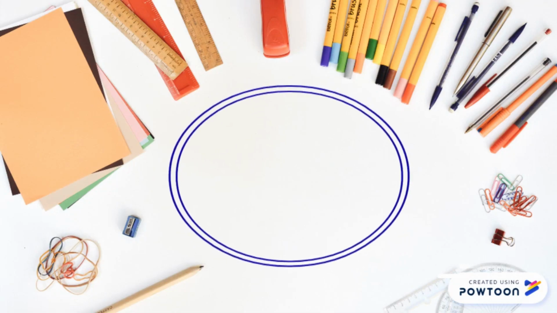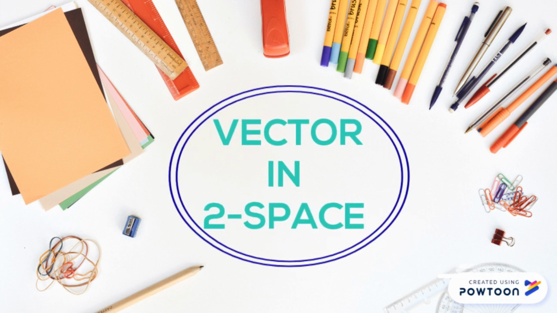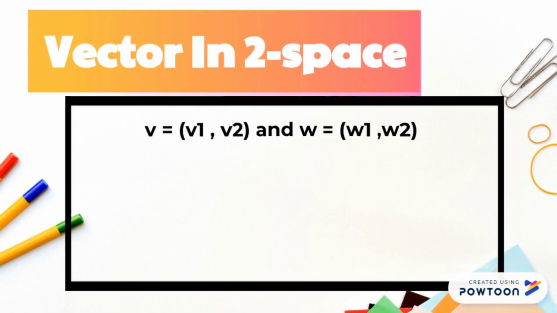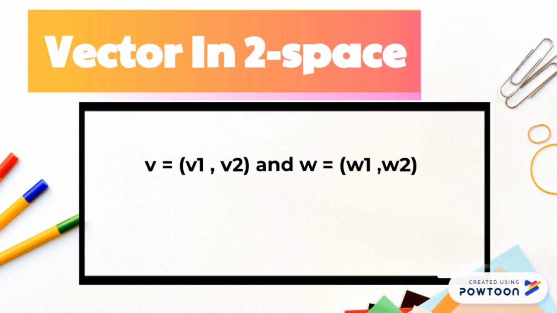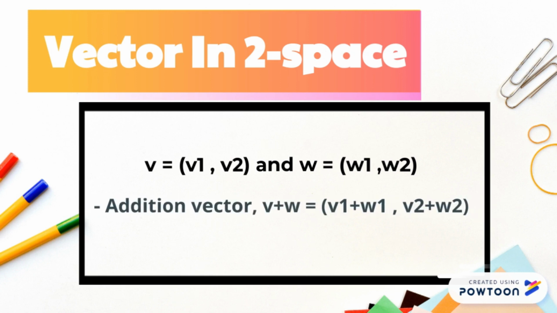First is the vector in two space. Vector in two space has two vectors, v and w. Vector v is represented by v1 and v2, and w is represented by w1 and w2. For addition, v plus w equals v1 plus w1 and v2 plus w2.